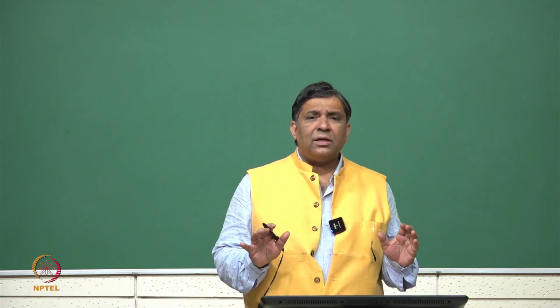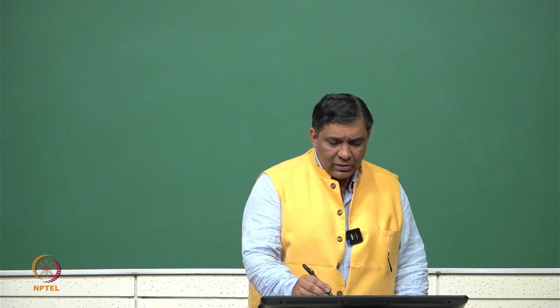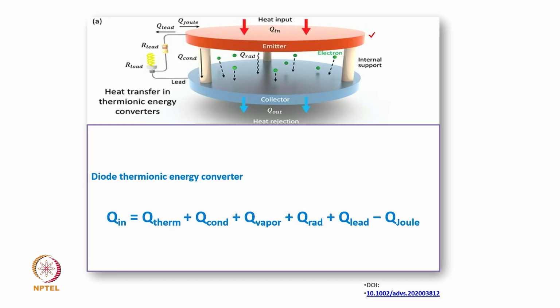So, we know that basically there are two important things, one is emitter and another is collector. The role of emitter is when it is heated, the electrons are emitted from the emitter, and the role of collector is the electrons which are emitted from the emitter get collected in the collector.